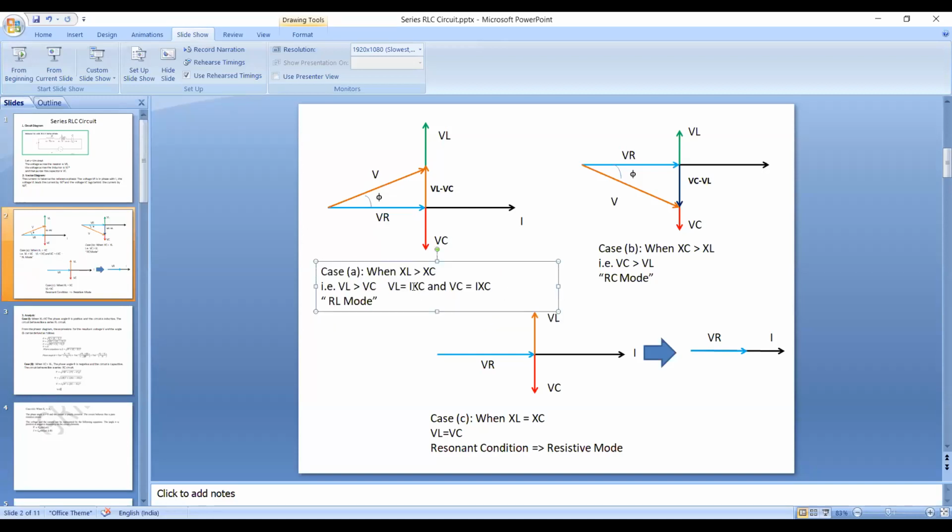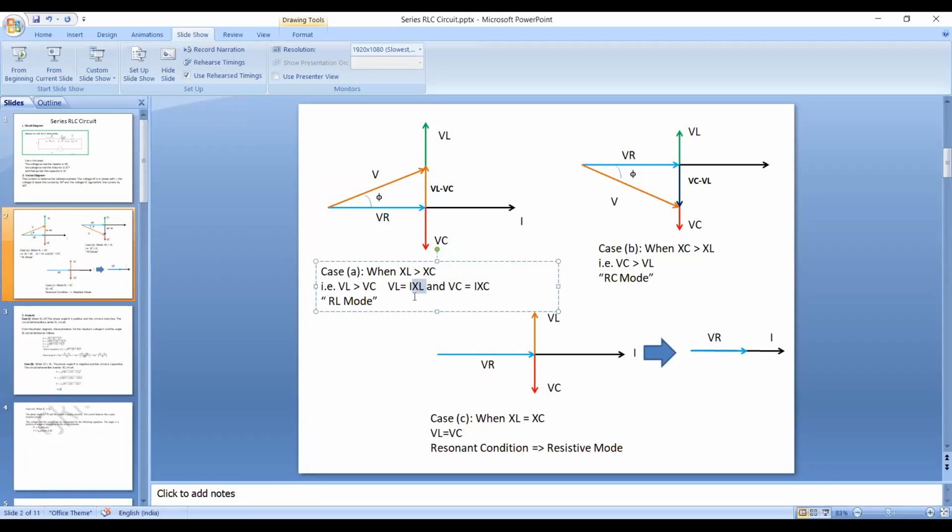Sorry, this is I here. Now, when XL is greater than XC, it's quite obvious that VL would be greater than VC, because it's a series circuit and current remains the same.